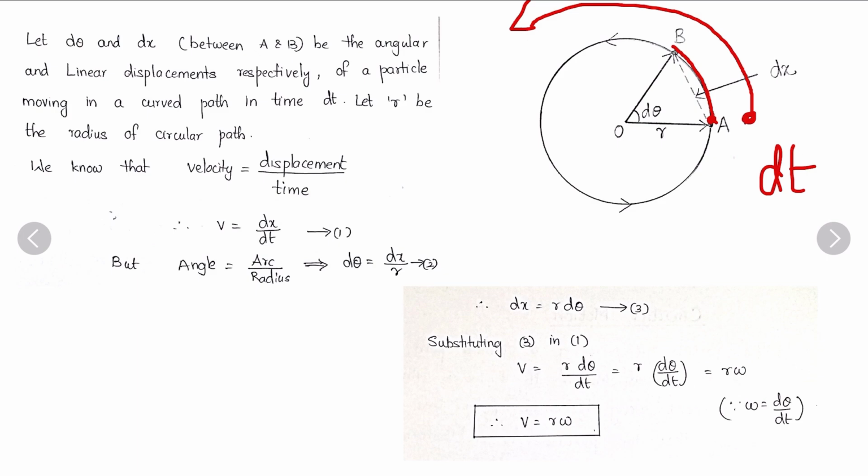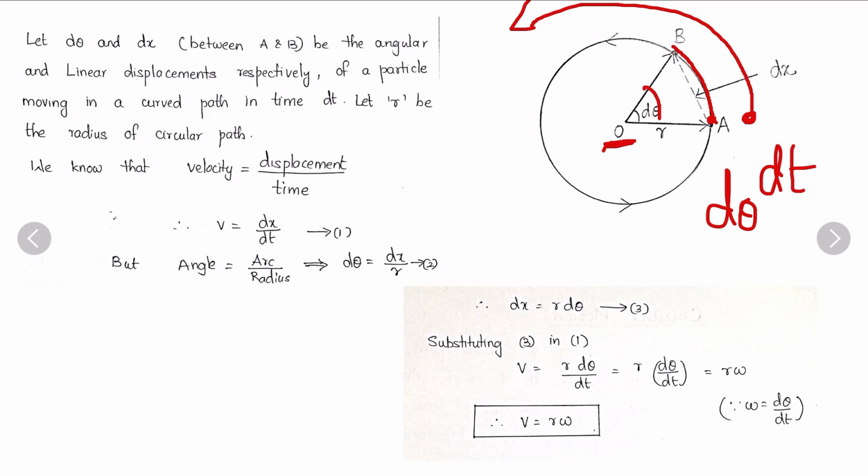Now let us join A with the center of the circle O and also B with the center O. The angle which it made is d theta. So for a time dt, the particle has gone from A to B, and it makes an angle d theta at the center.